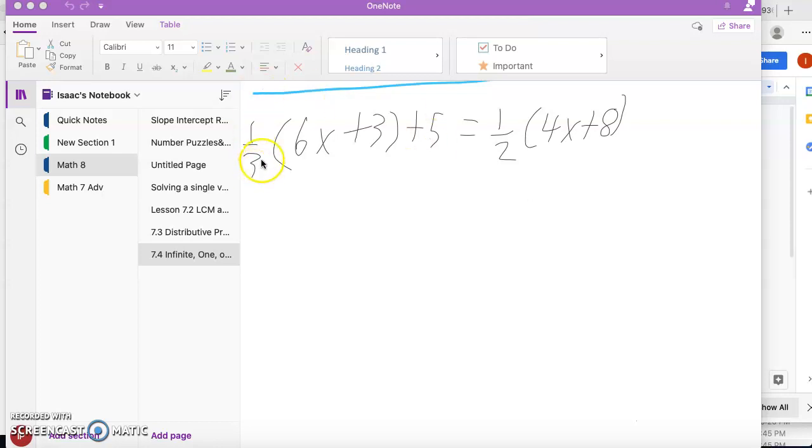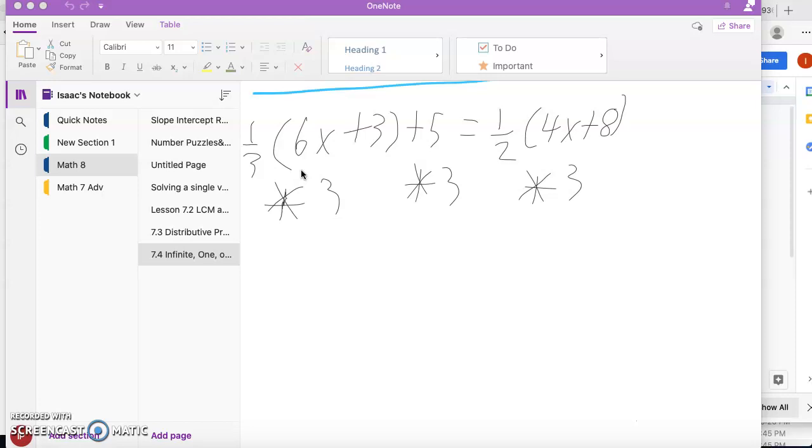So let's say I'm going to start by getting rid of this 1/3 over here. What's a number I can multiply times to get rid of a third? How about 3? So I'm going to multiply everything in this times 3. I'm going to multiply this 1/3 times 6x plus 3 times 3. I'm going to multiply the plus 5 times 3. And I'm going to multiply this 1/2 times the quantity of 4x plus 8 times 3.